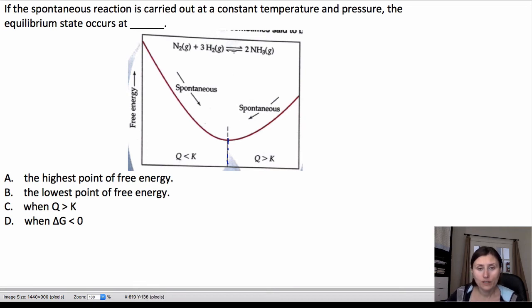That's where the concentration of the products and reactants equates. So they stay the same at the equilibrium point. They're no longer changing with time. And it's basically saying that in order to get to that point, the processes have to be spontaneous.